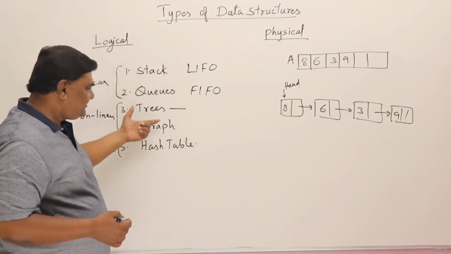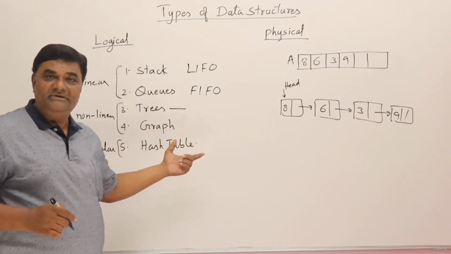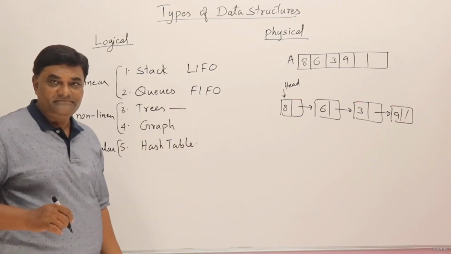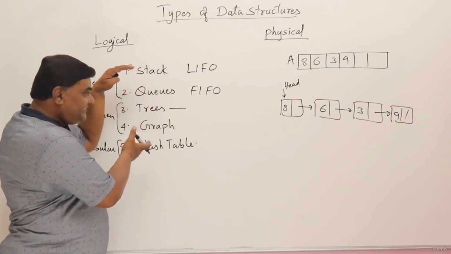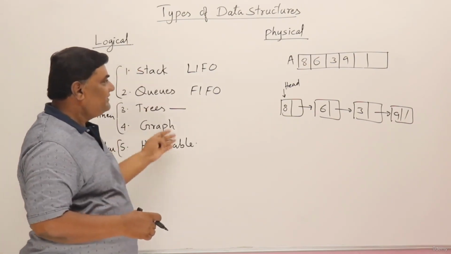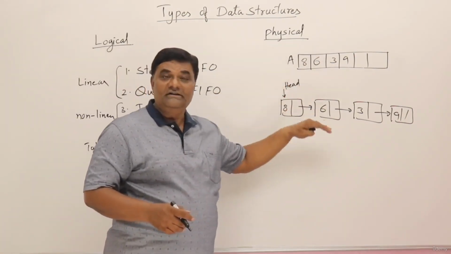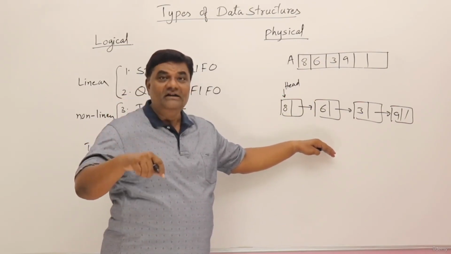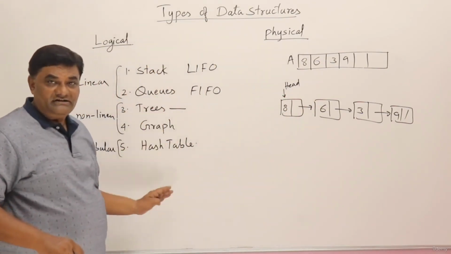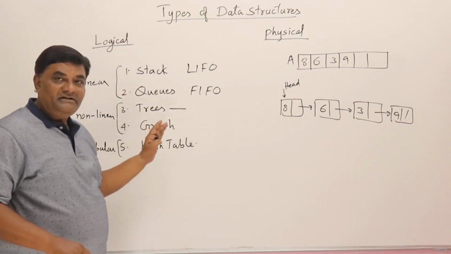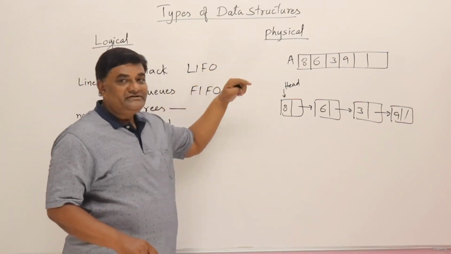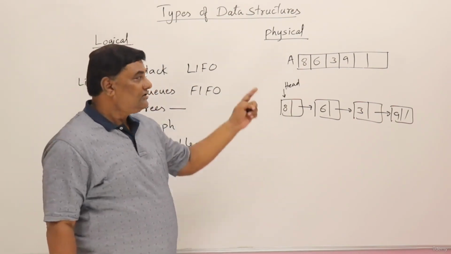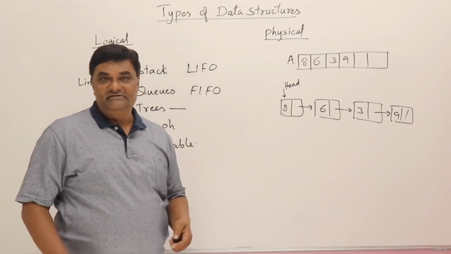So these data structures are actually used in applications. These data structures are actually used in algorithms. And for implementing these data structures, we either use array or linked list. So this is the important point that we have to learn in this topic. That is, these logical data structures are implemented using any of these physical data structures, either array or linked list, or the combination of array and linked list.